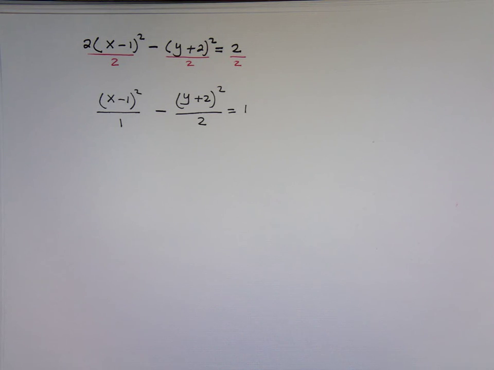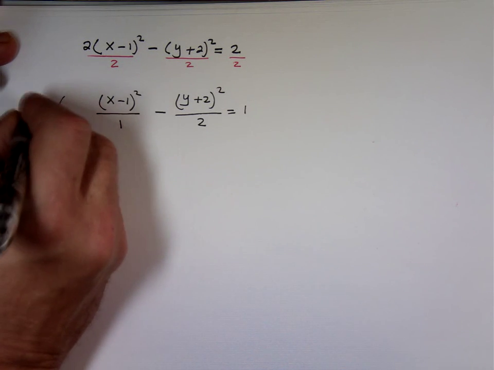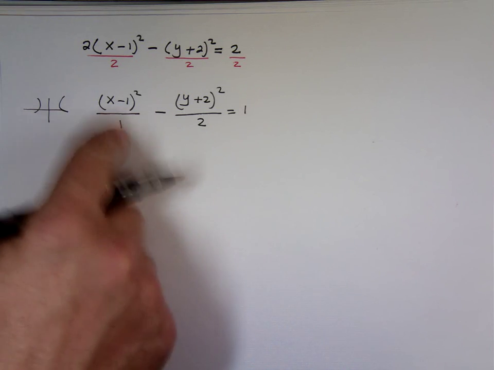Which axis is it going to cross, the x or the y axis? X axis. It's going to look like this. Why? Because x is the positive, y is the negative.